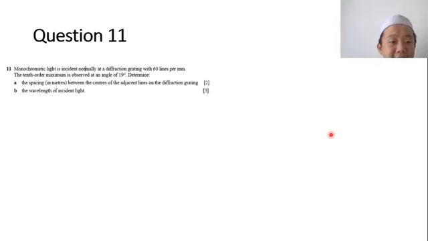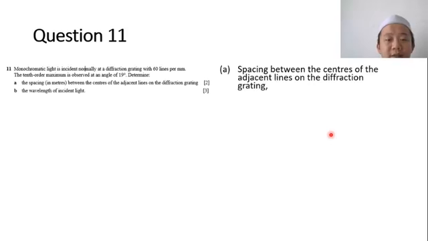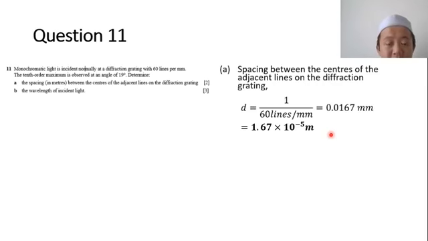The spacing in meters between the centers of the adjacent lines on the diffraction grating. So determine. The spacing between the centers of the adjacent lines is not really a formula, it's actually a concept.